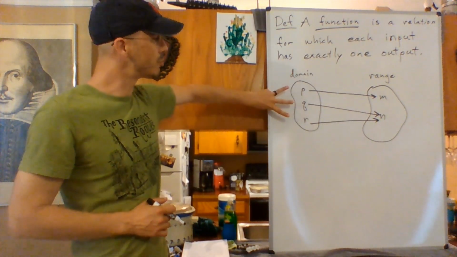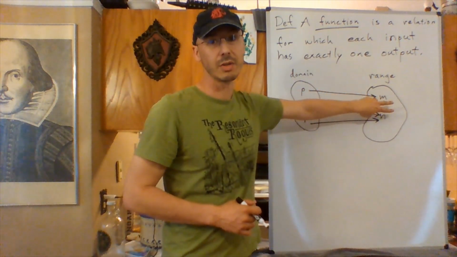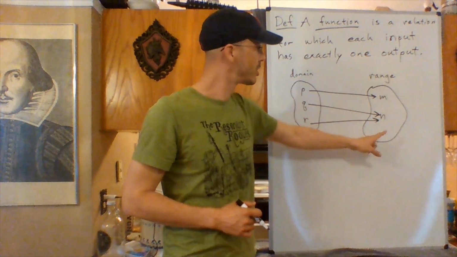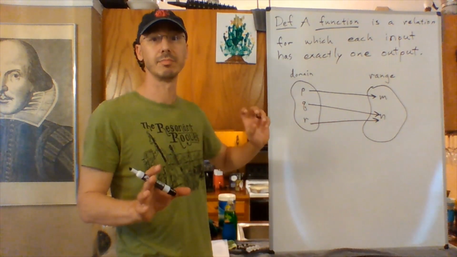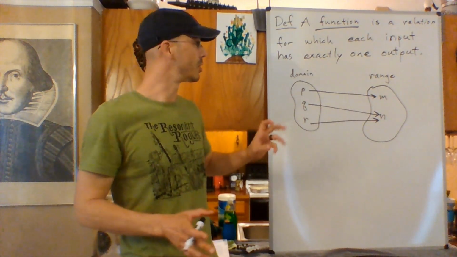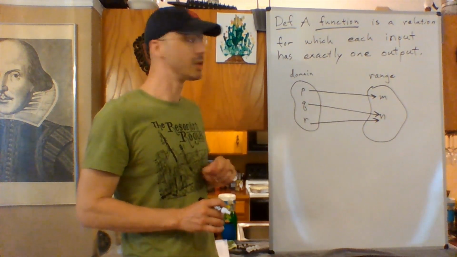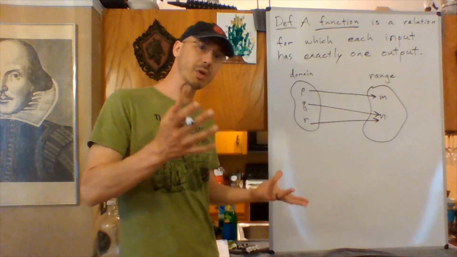Each input has exactly one output. Now here's an output that has two different inputs. That's fine. It's still a function.